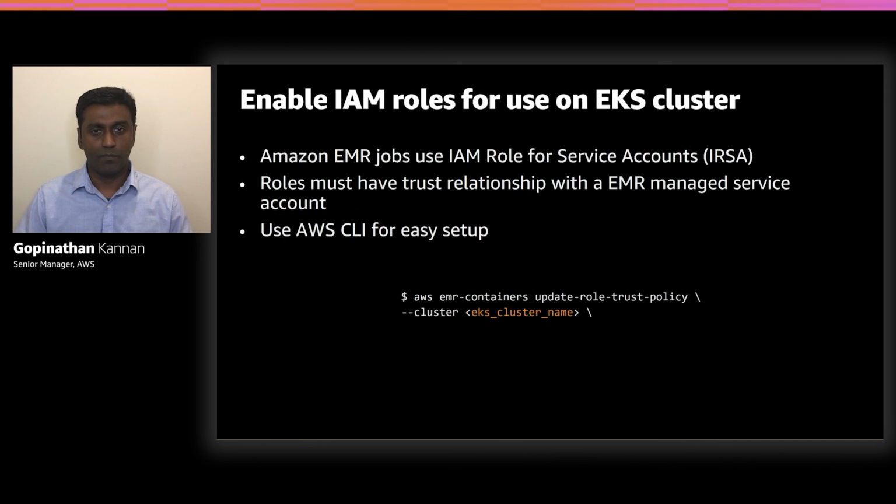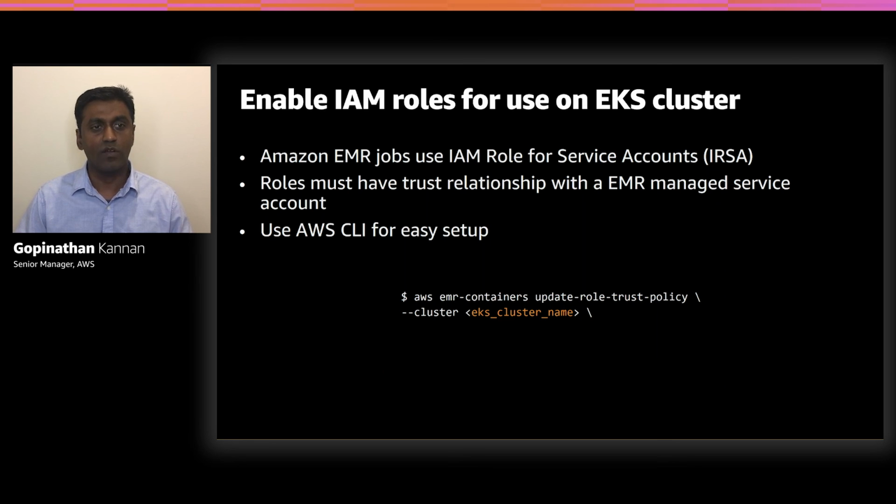Another important step is for an administrator to explicitly allow IAM roles that will be used as job execution roles on a particular namespace. Now, since we use a Kubernetes feature called IAM roles for service accounts, administrators are required to create a trust relationship between the IAM role and the identity of an EMR managed service account.